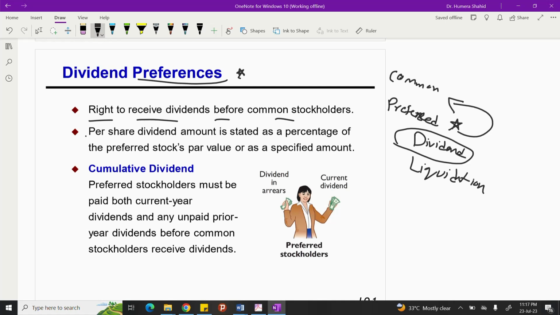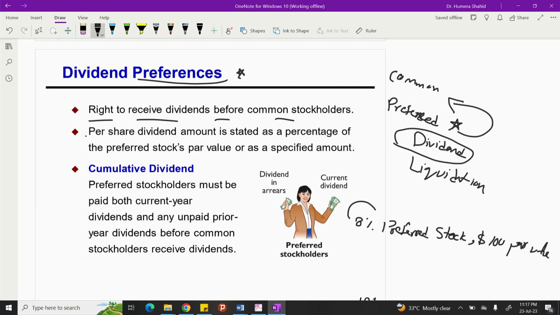For the preferred stockholders, in the last chapter when I was discussing the owner's equity section and I talked about capital stock, I mentioned that the preferred stock is written like this: 8% preferred stock, $100 par value. Remember that?